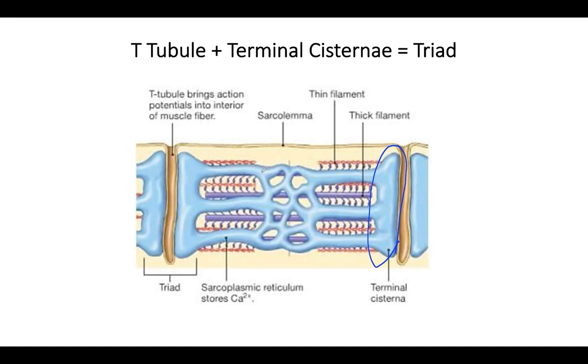If you look behind the sarcoplasmic reticulum, this purple bar structure is the thick filament. And this red line is the thin filament.